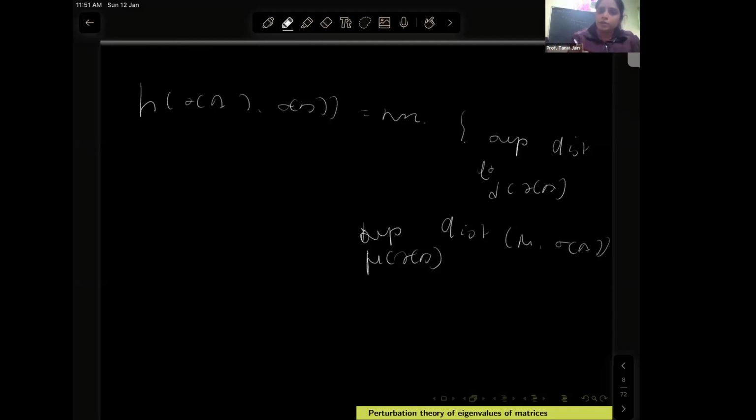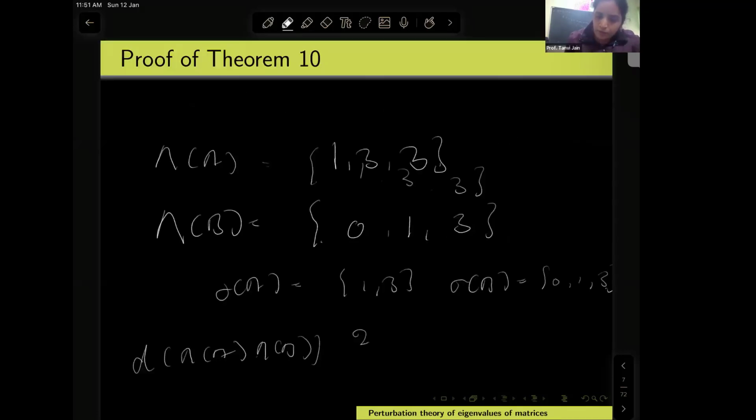Take any lambda in sigma A. Sigma A was {1, 3}. Take 1. What is the distance between 1 and sigma B? It is 0. Take 3. What is the distance between 3 and sigma B?